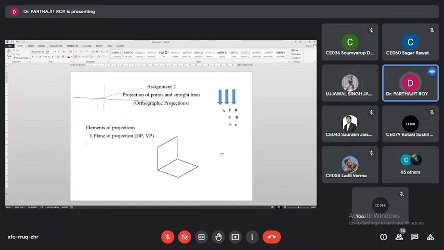So let us assume that these are the two planes. One is the horizontal plane, another is the vertical plane. Is there any problem in understanding which one is the horizontal plane and which one is the vertical plane? No, sir. Okay.